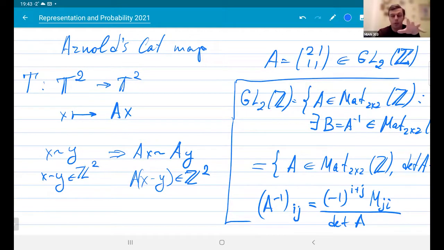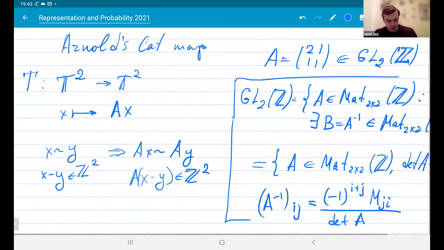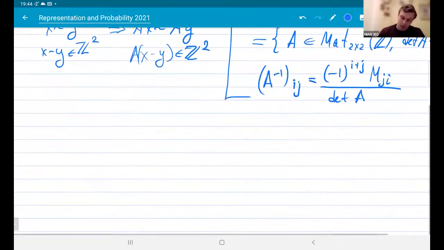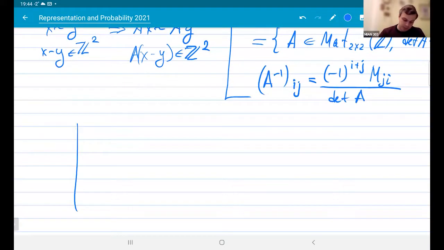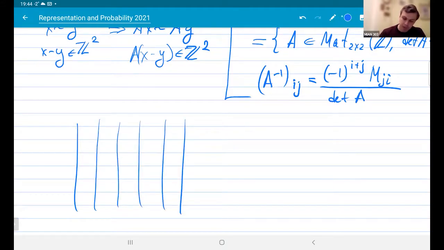I will try to draw it just a moment later. Okay, let's do this. Let's consider this point. Say this is the origin. Then we can consider the fundamental domain of our torus, which is this square.